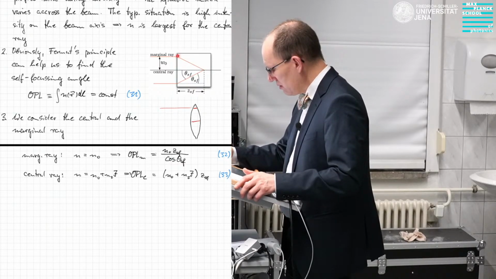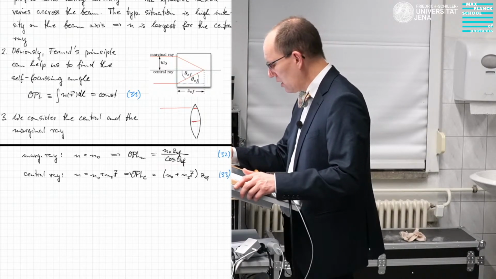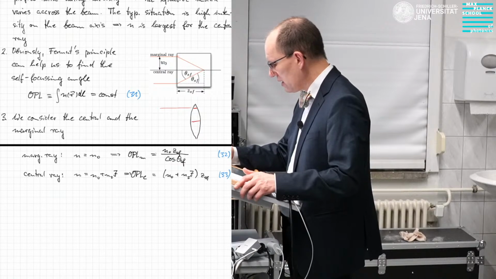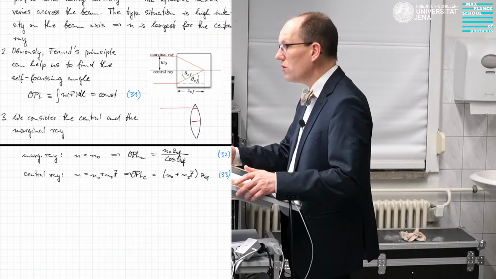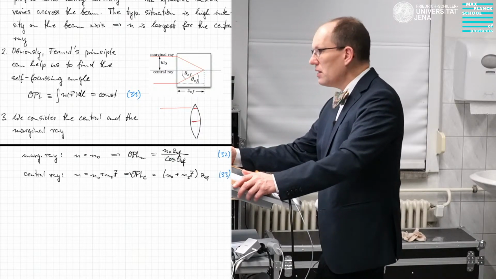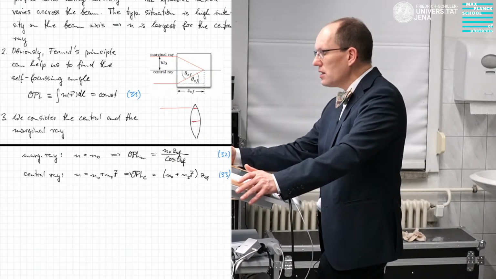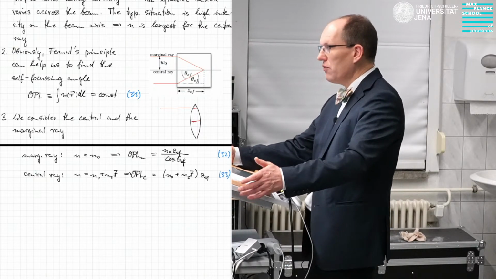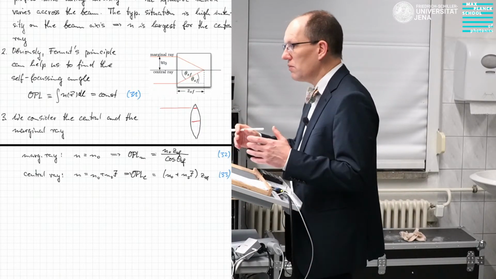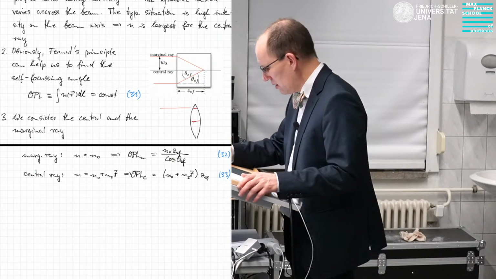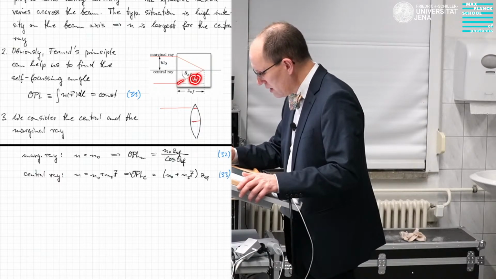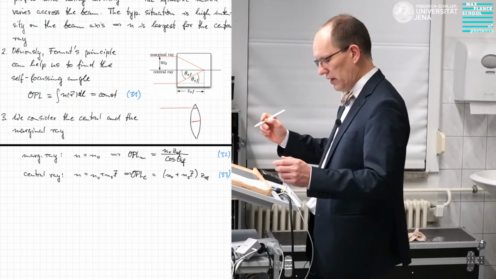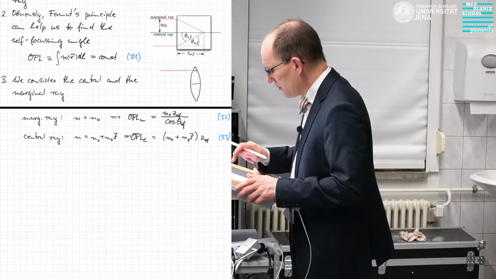What we do here is only valid at the entrance phase, as the beam self-focuses and the intensity is increased, and therefore one would have to do a much more complicated calculation. But you still can say that we are looking at this angle, and this is defined at the entrance phase.